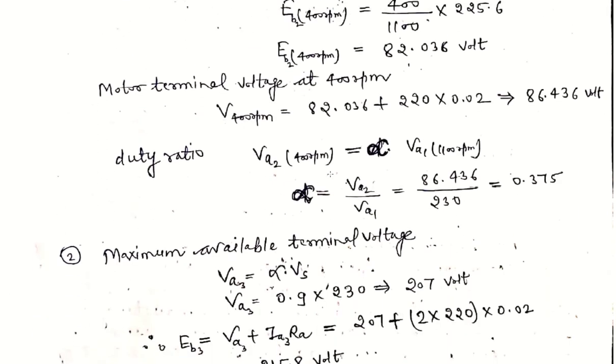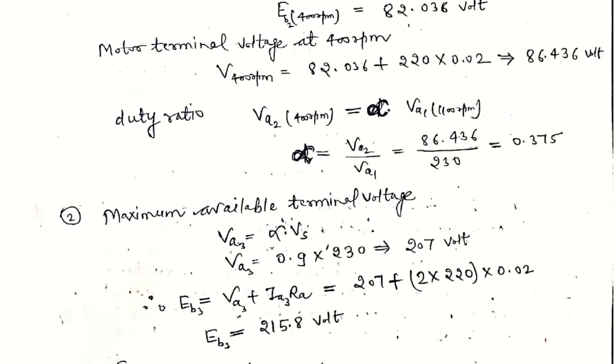And this is the duty ratio expression: Va2 equals alpha times Va1 according to the step down chopper. So this step down chopper controls the speed from 1100 rpm to 400 rpm by reducing the voltage level from 230 to 86.436 volts. By this expression, we calculate the new value of duty cycle, which is obtained to be 0.375. So this is the motoring operation and the duty ratio is 0.375.